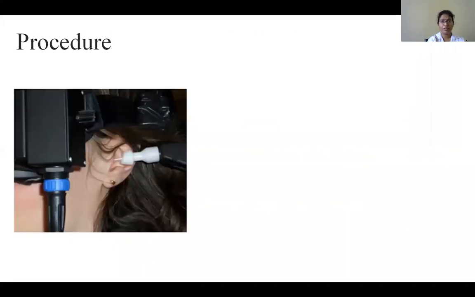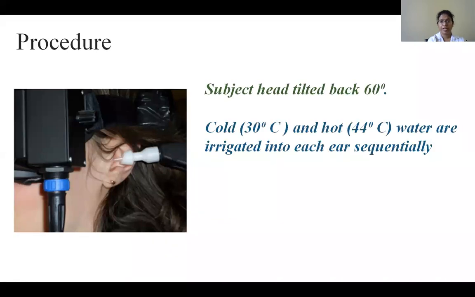What we do is place a syringe in the ear canal for irrigation. The subject's head is tilted back at 60 degrees, and then we irrigate with cold saline at 30 degrees. Cold is 30 degrees and hot is 44 degrees Celsius. Both of these are used in a sequential manner in each ear.